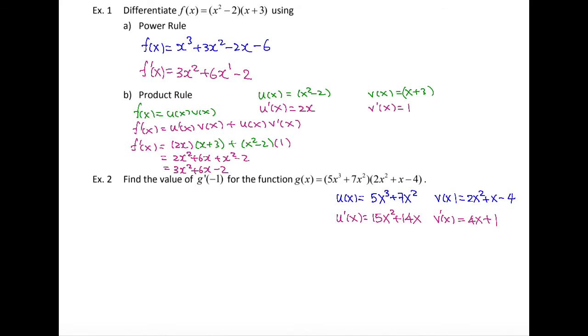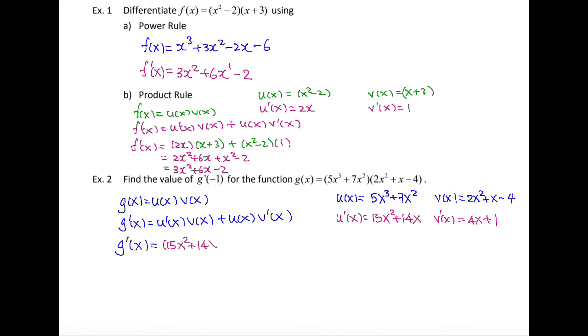Then we're going to find what's g prime. So g(x) will be u(x) times v(x). That means g prime x will become u prime x v(x) plus u(x) times v prime x. So let's substitute whatever we know. u prime x is 15x squared plus 14x.